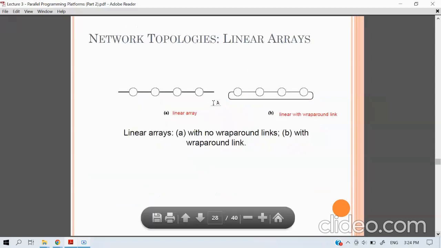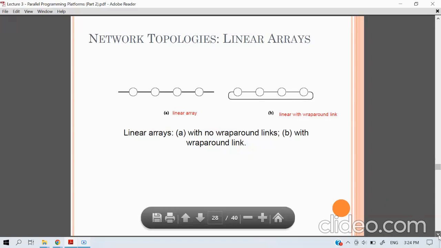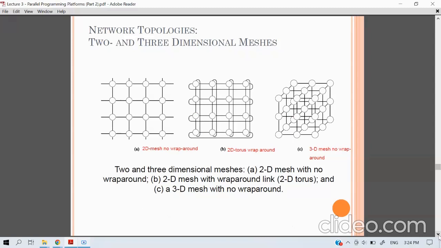This is the diagram of the linear array without a wraparound link. B is the linear array with a wraparound link, where the end node is connected with the first node. Next, 2 and 3 dimensional meshes.